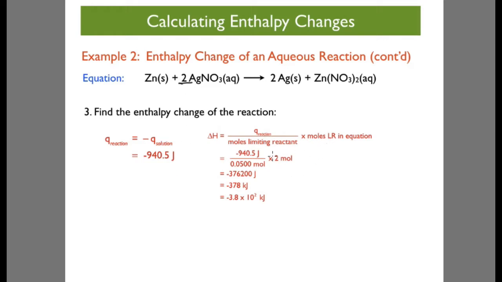So we've got minus 940.5 joules for 0.05 moles multiplied by the moles in the equation, and we get minus 376,200 joules, which gives us minus 3.8 times 10 to the 2 kilojoules with 2 sig figs.